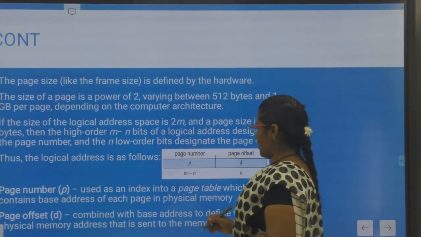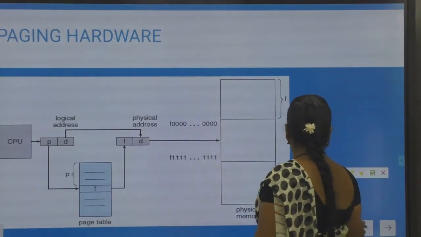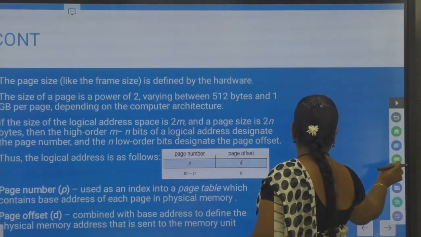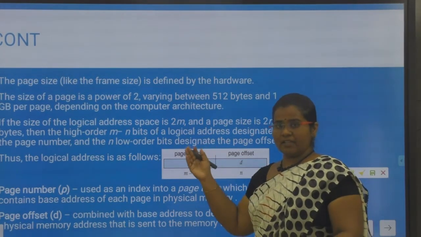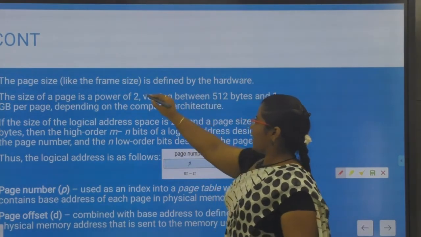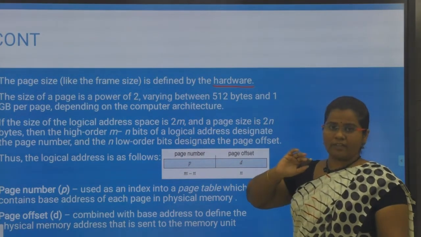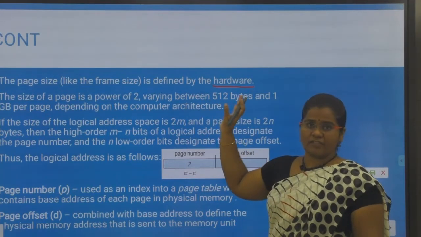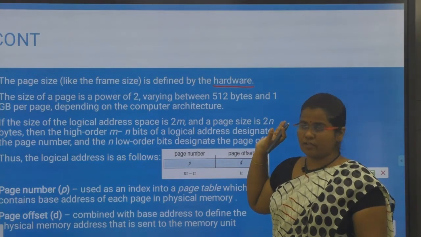The page and frame sizes are equal as we have discussed, and they are defined by the hardware. Whatever type of hardware you are using, the size of the page and frame will be decided by the hardware devices used in your system.